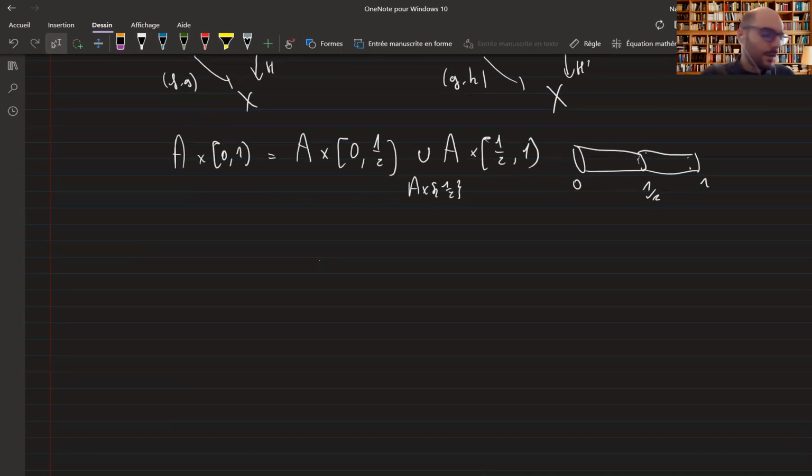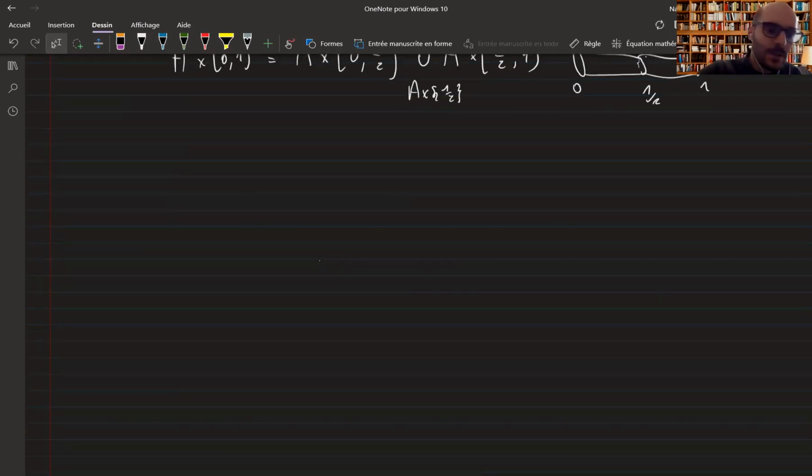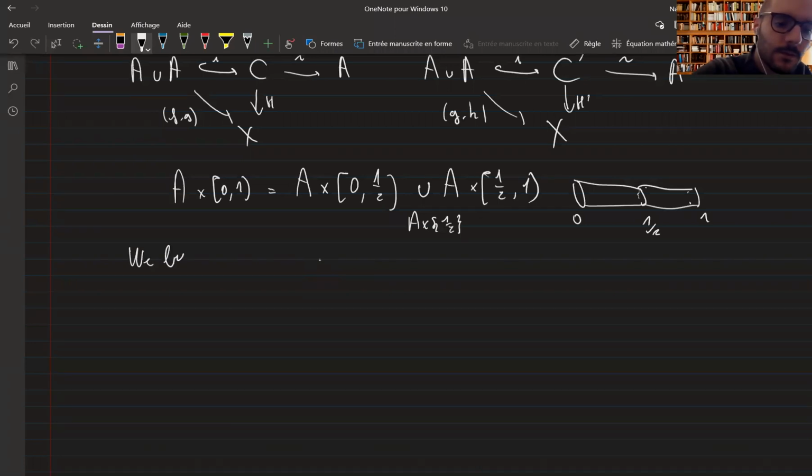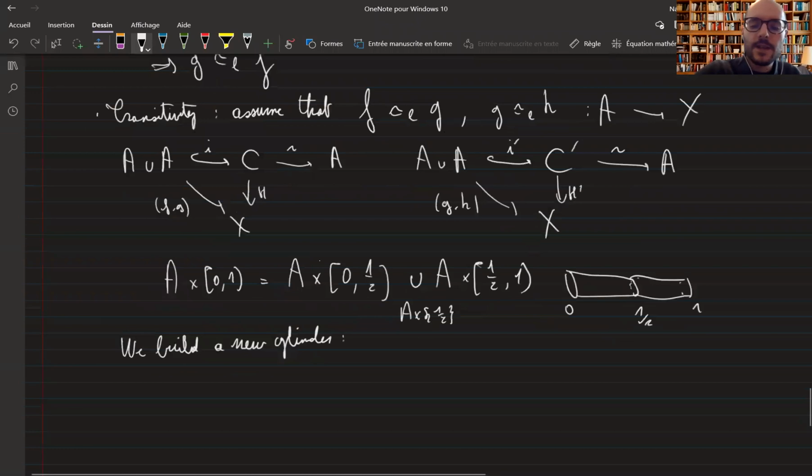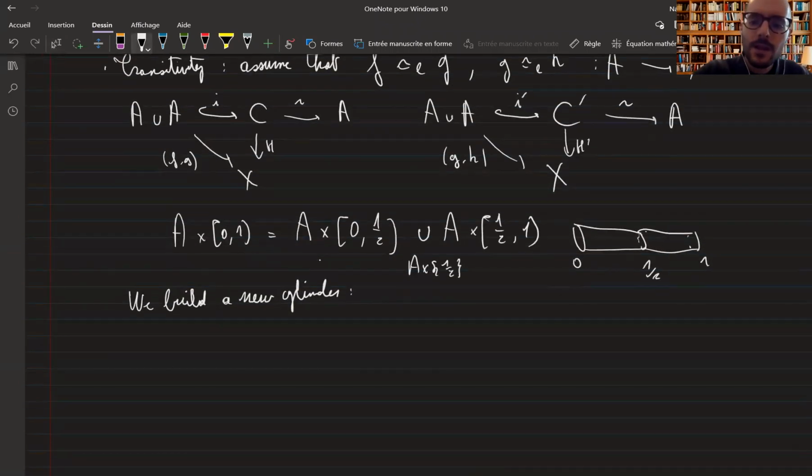All right. So to define this new cylinder, as you can see here, it's defined as a push out. So we define it as a push out along a common part A. So we start from A, we have C prime and C. And so we glue the I1 part of C with the I0 prime part of C prime.